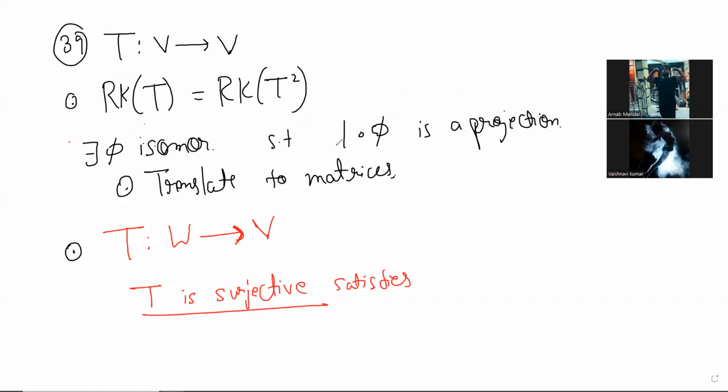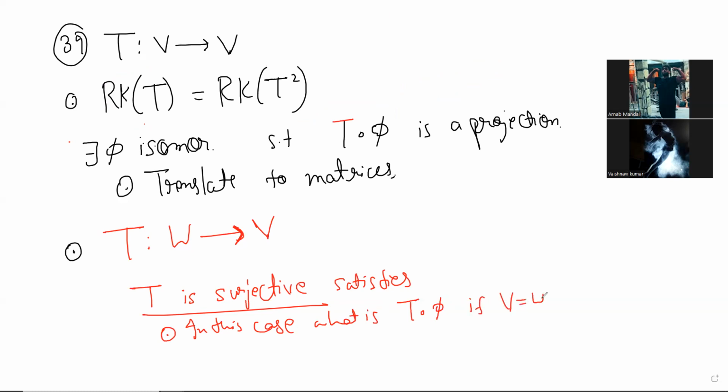Now you tell me, or you should think about this again for homework, in this case what is T composed with phi if V equals W?